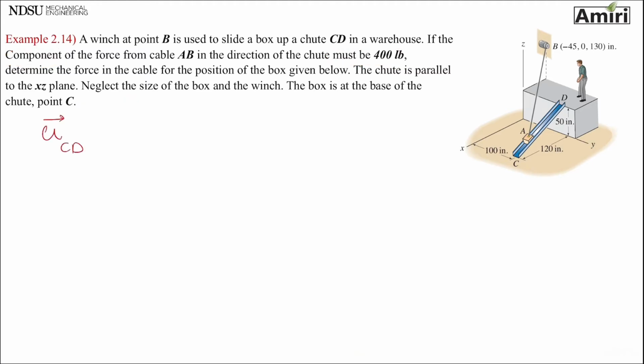Unit vector of CD is RCD divided by the magnitude of CD. Again, I'm going to go much quicker here. Position vector CD is minus 120I plus 50K. The magnitude of CD is 130 inches.